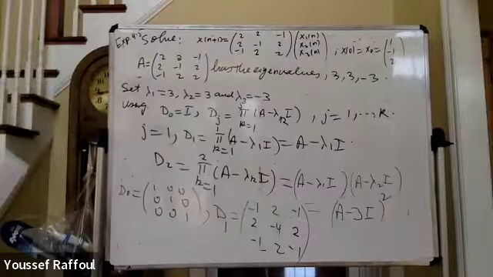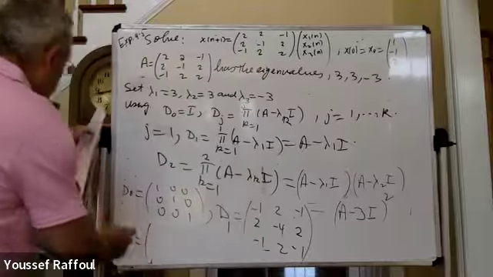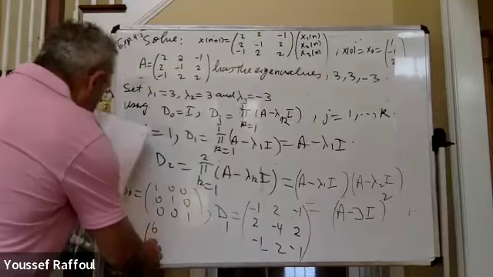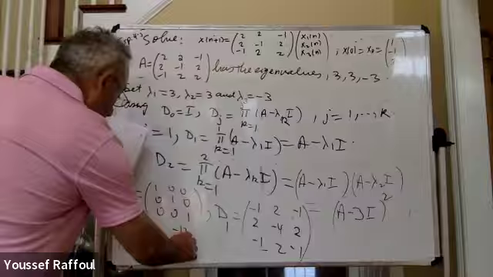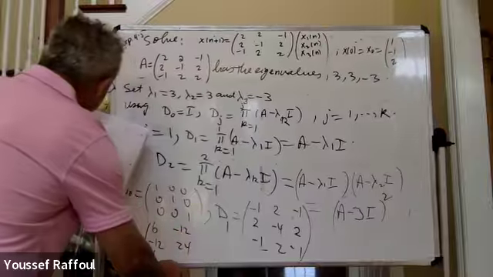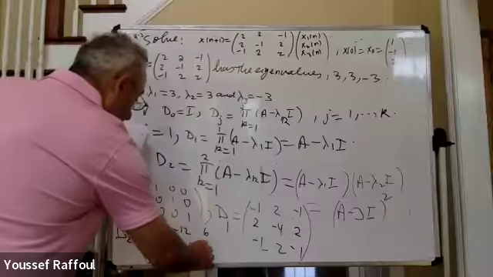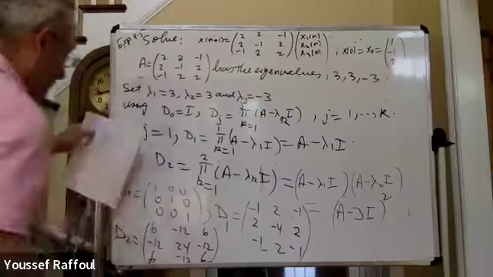D1 is A minus lambda 1 I, and D2 is 6, -12, 6, -12, 24, -12, 6, -12, and 6.